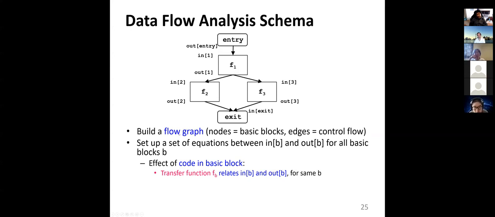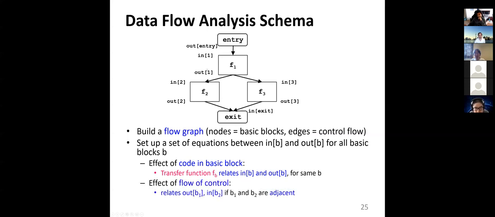So this is essentially a flow graph that I build on top of the control graph. And I just set up a set of equations for all basic blocks using the notions of input and output for each basic block, and transfer functions that represent how the inputs change in these blocks to the outputs. So how is it going to look?